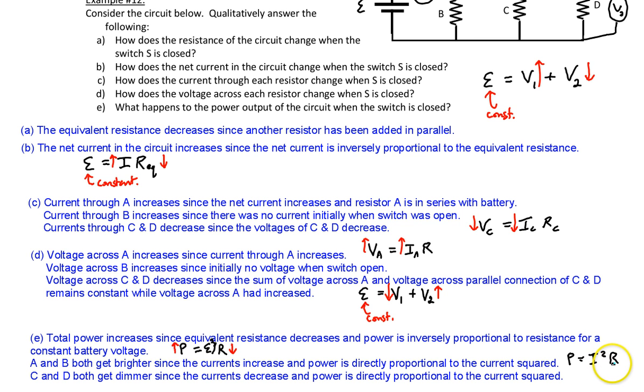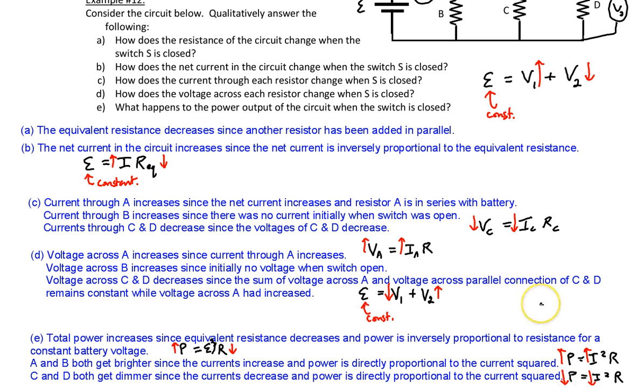The resistances are staying the same, so the current has increased, which has increased the power, making the bulbs brighter. And for C and D, you can use the same formula. Power equals I squared times R. But in this case, the current is decreasing, causing a decrease in power, hence making them dimmer.